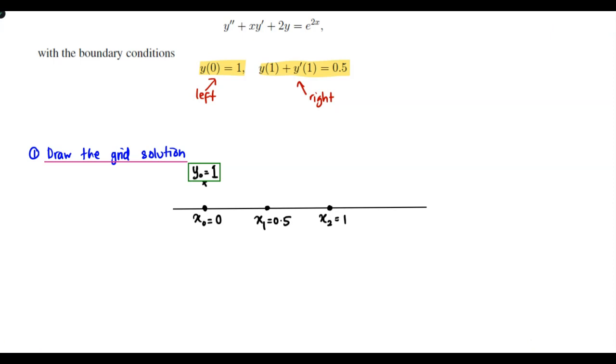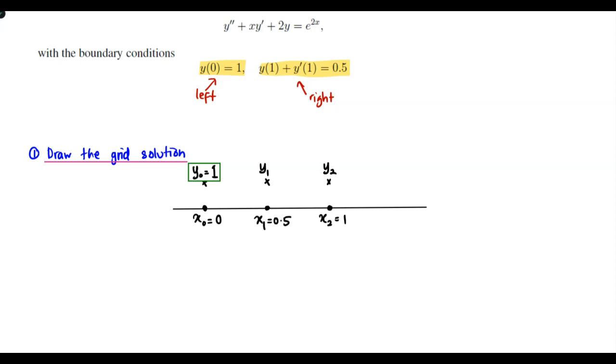It depends on your boundary condition. If you have y2, for example, you would need to proceed to x3 and x4, but for this one you only stop at x2. And then you can remark here the corresponding y should be y1, which we don't know yet, and here you have your y2.